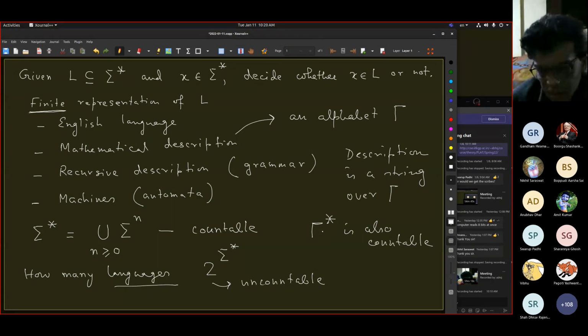It's not guaranteed that all these languages have corresponding machines. Okay. But one thing is clear that by using finite descriptions, I can address only countably infinite number of machines.